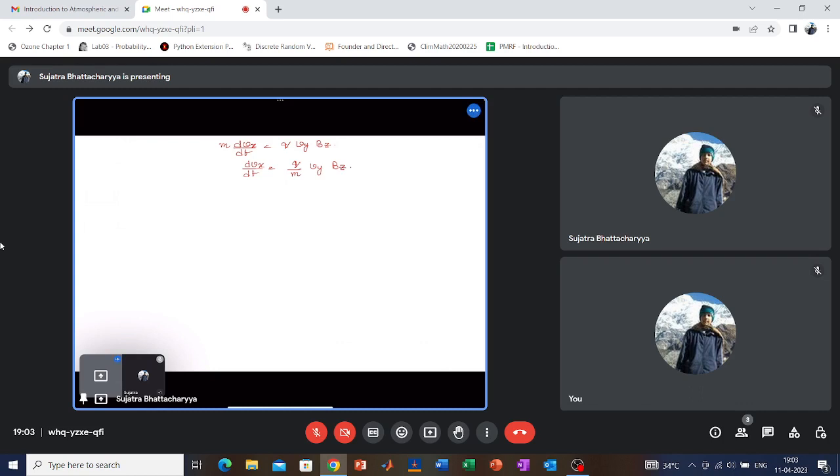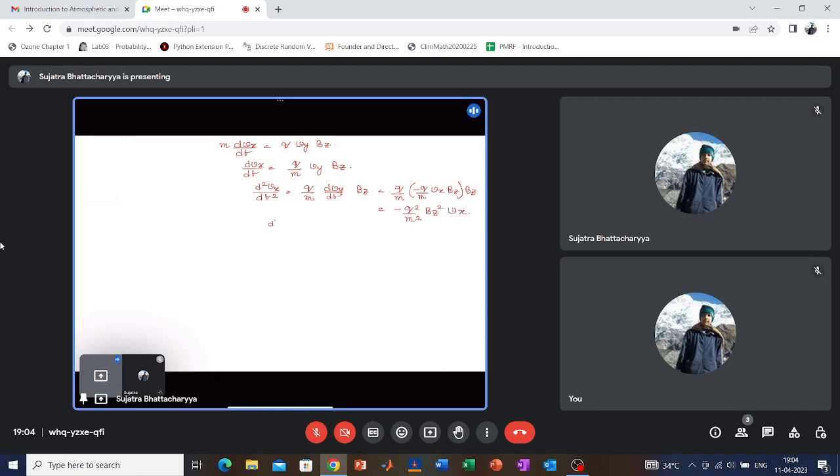Right? Now what I do is I double differentiate it. So d2Vx/dt2 will be equal to q by m Vy, so it becomes dVy/dt into Bz. What I get is q by m. Now what is dVy/dt? It is actually minus q by m Vx Bz into Bz. So we are getting minus q square by m square Bz square into Vx.